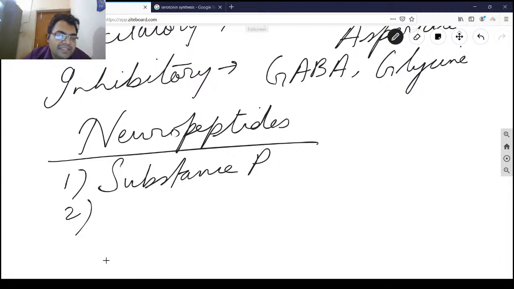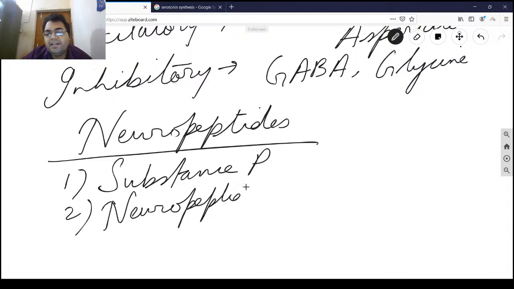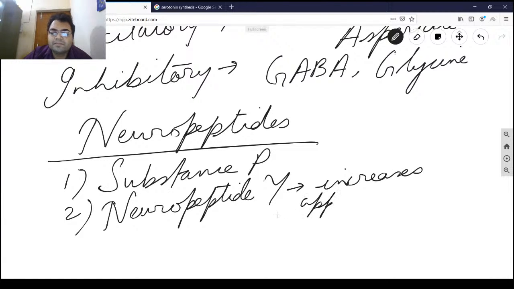Neuropeptide Y increases appetite and food intake.